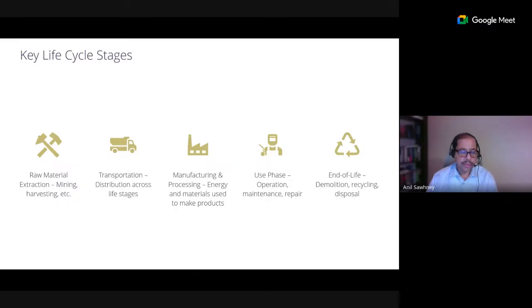For example, you're manufacturing steel or cement. All emissions that take place in that process are also counted. Then the use phase, in which you operate, maintain, or repair, and then end of life, in which you demolish, recycle, and dispose of those products. These are the broad life cycle stages that are part of a life cycle assessment. So this is where we start talking about whole of life assessment of buildings and infrastructure.